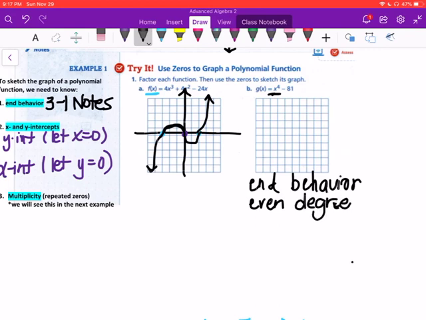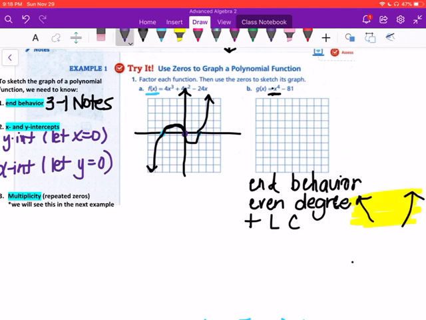And the leading coefficient, the number in front, is a 1, which is positive, so I have a positive leading coefficient. So since it has an even degree and a positive leading coefficient, that means that both ends are going to point up. So highlight that because I'm going to need that information.